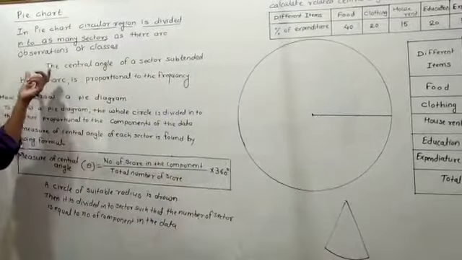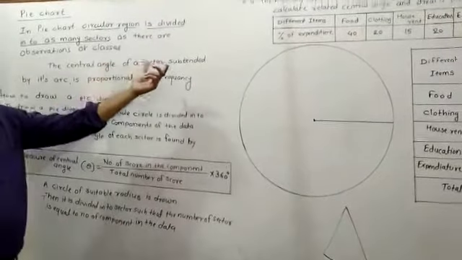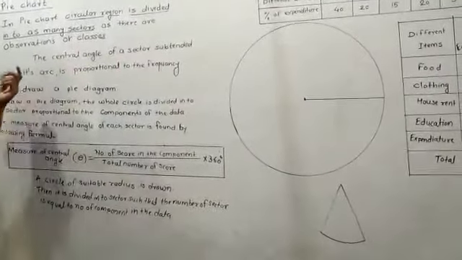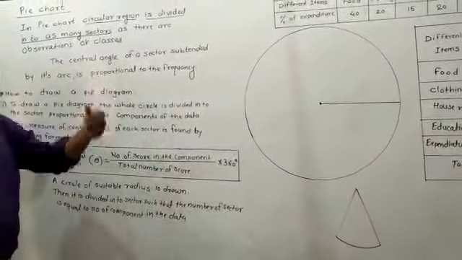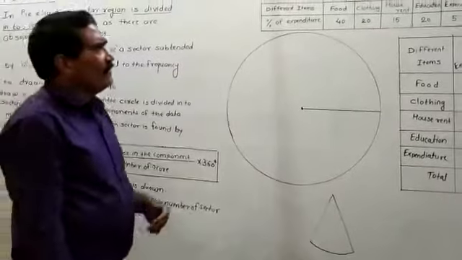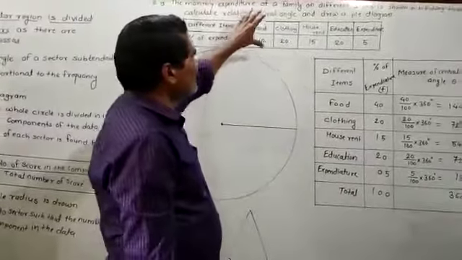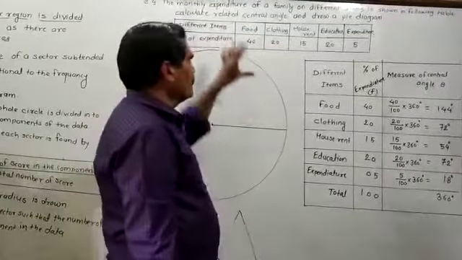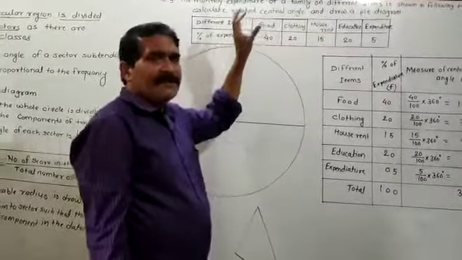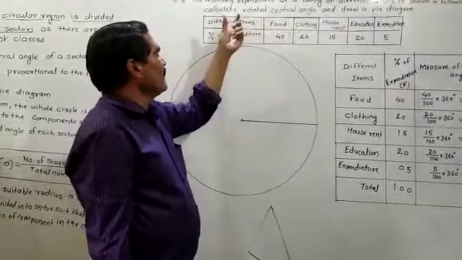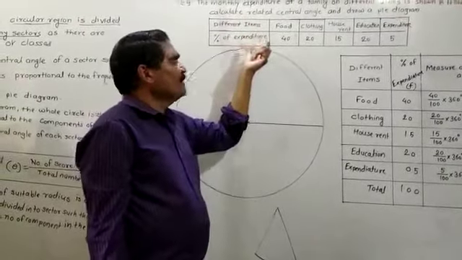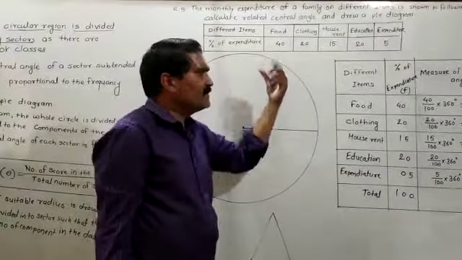For that, the central angle of a sector subtended by its arc is proportional to the frequency. So this is the data. In this example, I will explain this example also. In this data, the different items and the expenditure is given.